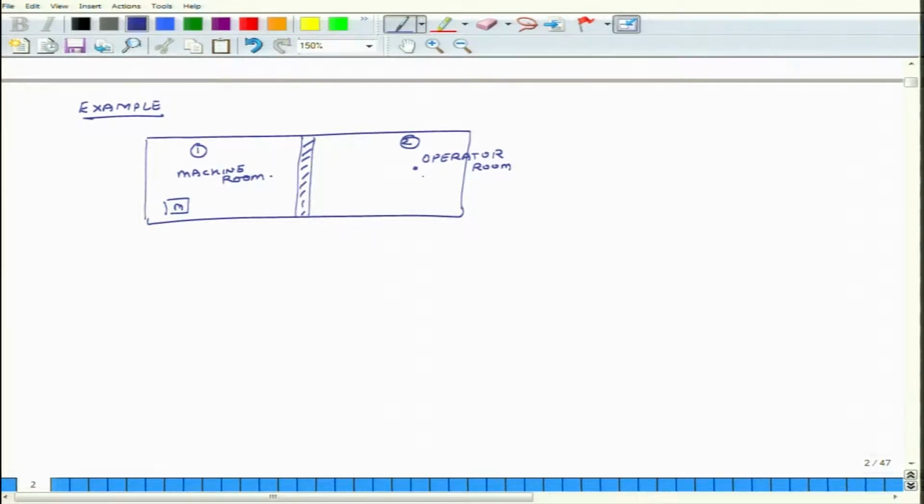So, we are interested in finding out what is pressure level in this room and the distance. So, this guy, R2 is this distance. So, R2, he is about 1.5 meters away from the wall.